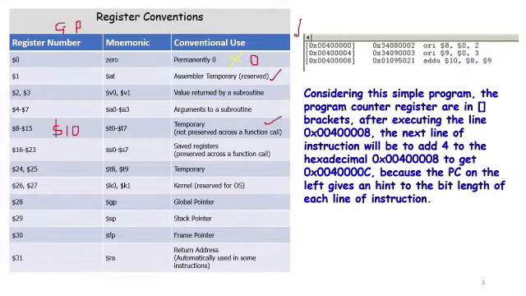Let's take a look at this. From here, we notice something is going on. This is an instruction: ORI $s8, $0, and 2. You see? So ORI is the instruction, then $s8, $0, and 2.